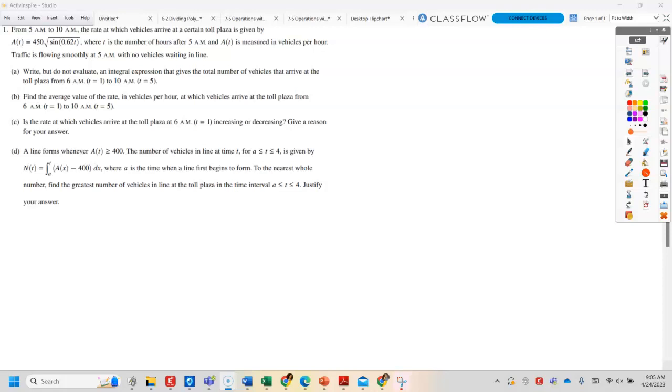Part A says write, but do not evaluate, an integral that would give the total number of vehicles. So if I'm trying to get rid of per hour and I want number of vehicles, then I need to integrate and go backwards.